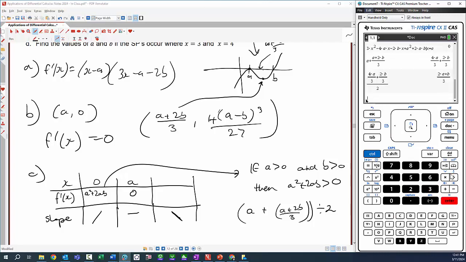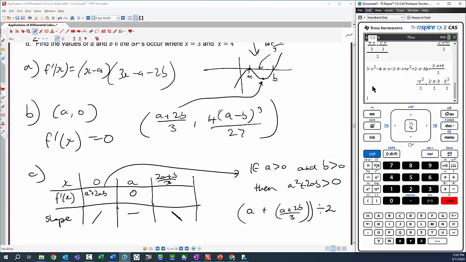Divided by 2 is that. So the x value we're going to use is 2a plus b on 3. Essentially what we're going to do now is put that into the derivative function. So we get that.